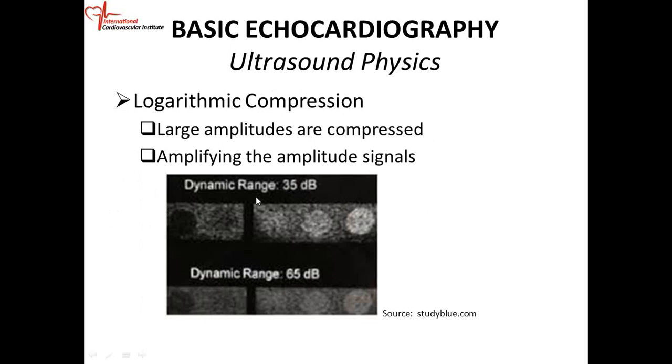Just to give you an idea, with a dynamic range of 35 decibels, it's difficult to see the different background, because you don't have much distinction between the varying shades of gray. Whereas with a larger dynamic range, 65 decibels, you can see the different shades of gray a little bit better.